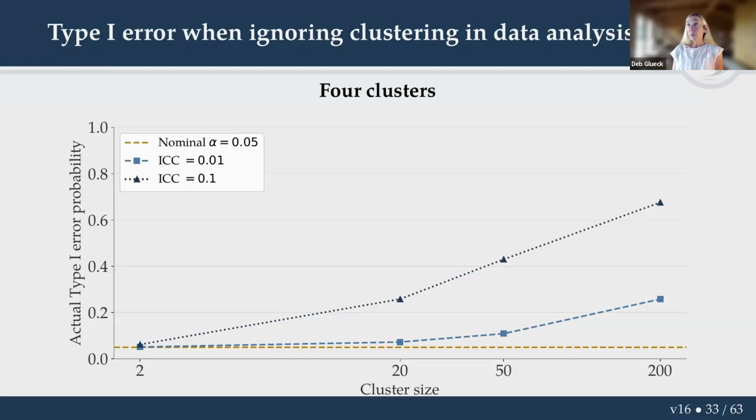Unfortunately, although some people might think that they will be better off if the cluster size is larger, you can see that the exact results show that the actual type 1 error rate observed if clustering is ignored increases strongly with the cluster size. So neither the number of clusters nor the cluster size will rescue an investigator who ignores clustering in data analysis in a clinical trial with clustering.